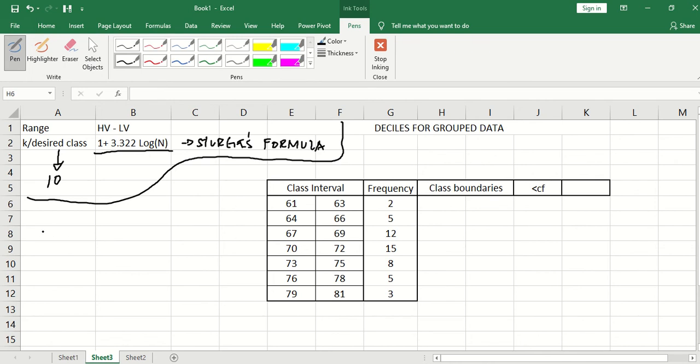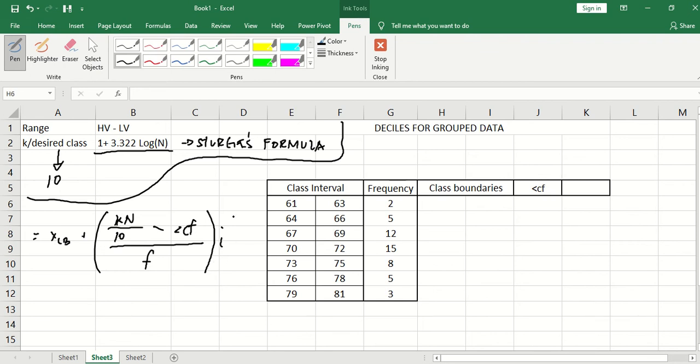Now, for example, this is the formula. This will be the XLB plus i, or let's say k, n over 10, minus the less than cumulative frequency, over the frequency, times the interval.